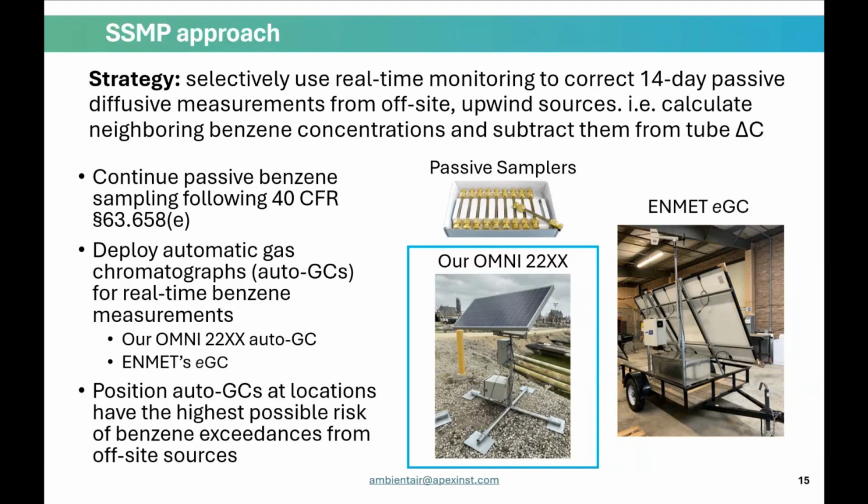They used our Omni 2000 series micro GC pictured here in the blue, and they also used NMET's EGC. And they would position these auto GCs at locations around their fence line where they suspected to have the highest possible risk of benzene exceedances from their neighboring facilities.